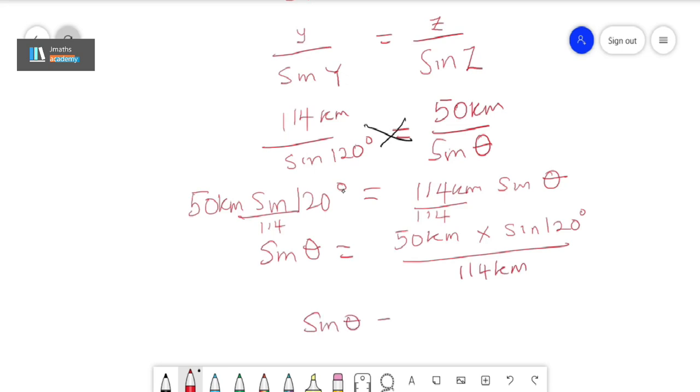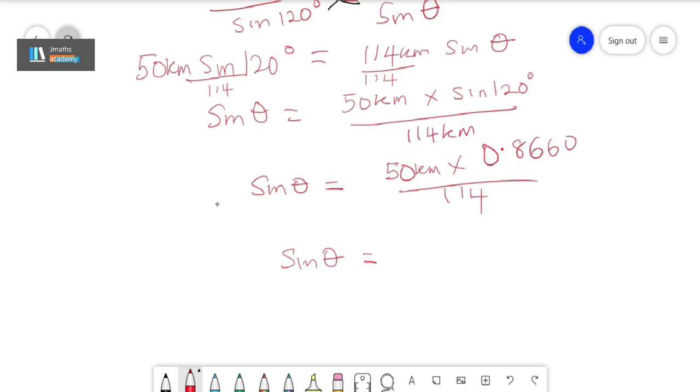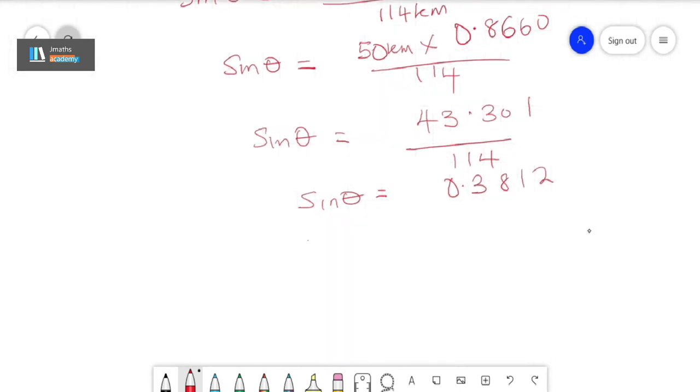So have our sine theta to be equal to, if we use our calculator, we have 50 kilometer multiplied by 0.8660, that's sine 120 degrees over 114. So we have our sine theta to be equal to 43.301 over 114. So have sine theta to be equal to 0.3812. If you use a calculator, that's what you get.